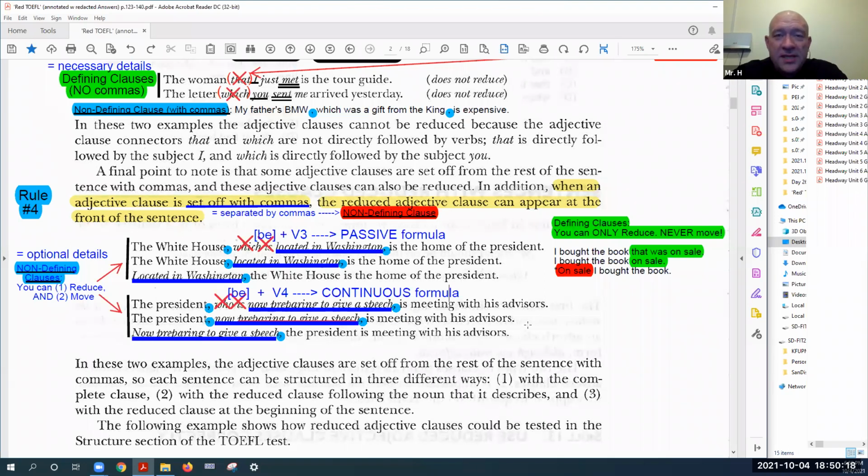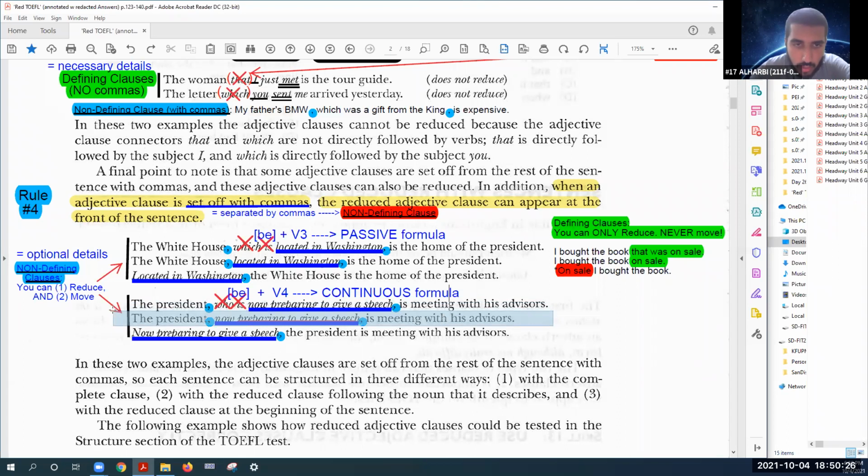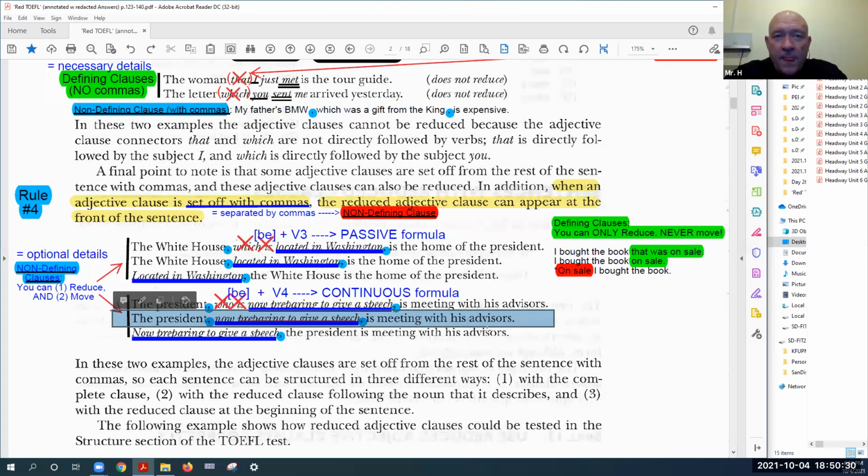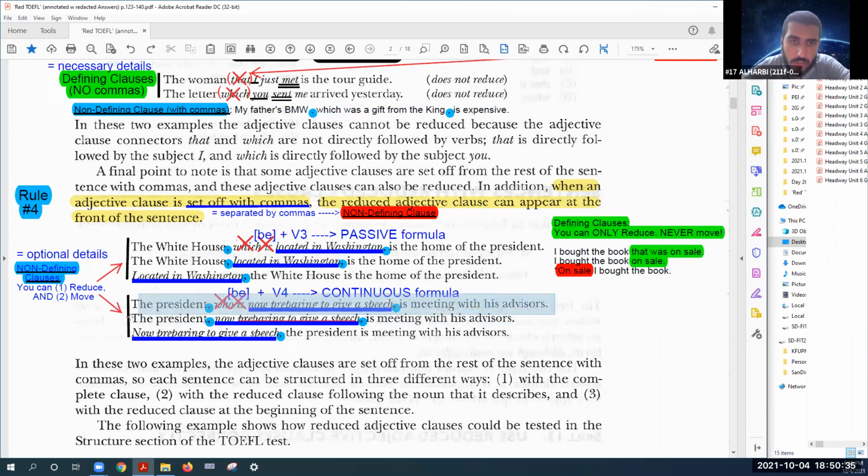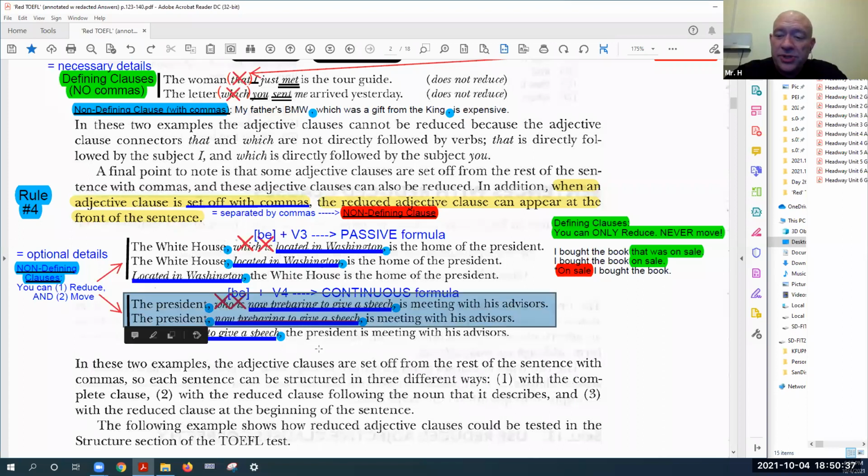Al-Harbi, you want to read the second example? The president, preparing to give a speech, is meeting with his advisors. Let's compare these, the first example and the second one. Do you see a difference, guys?